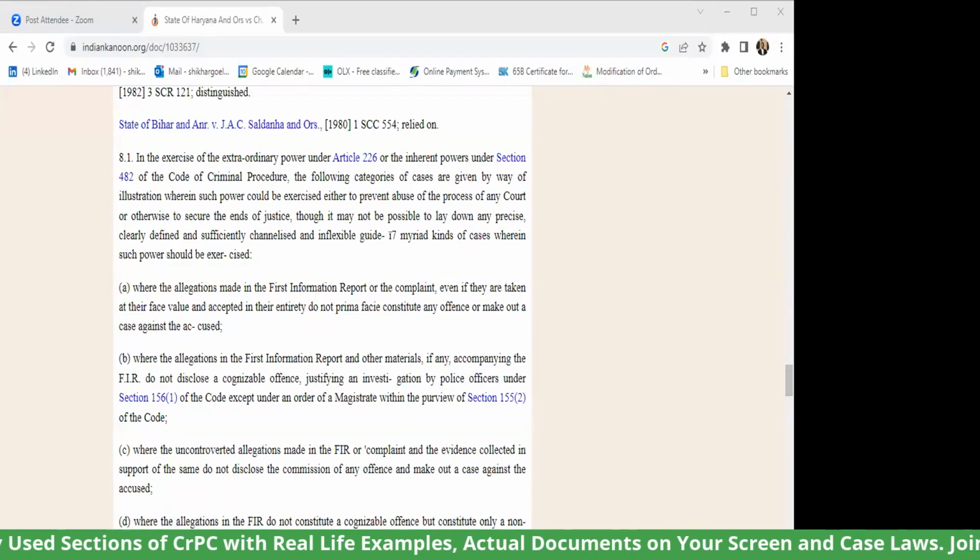State of Bihar and others versus JSC Saldana and others, 1980, Volume 1, SCC, page 554.